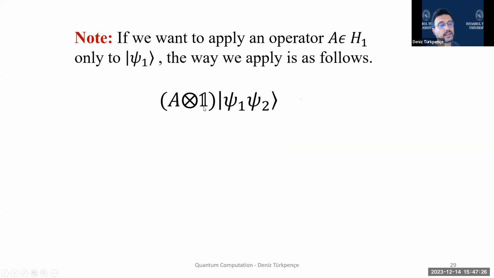Why do we have an identity in the second order? Because I don't want to apply the single qubit operation to the second qubit. So this is the way you act this single qubit operation on the first qubit. Of course, if you want to apply it to the second qubit, then this order is going to be changed.